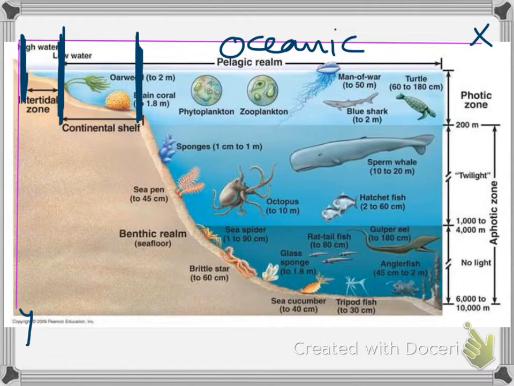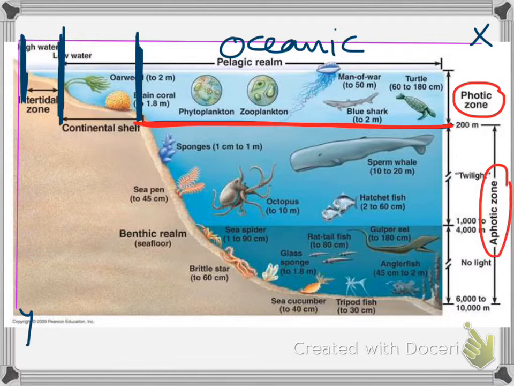That's okay. If we look at the sort of y-axis, there's really only one distinction that matters for us. And that's this line right here. I'm going to make it red. That line right there. Above it is the Photic Zone. And below it is the aphotic zone.